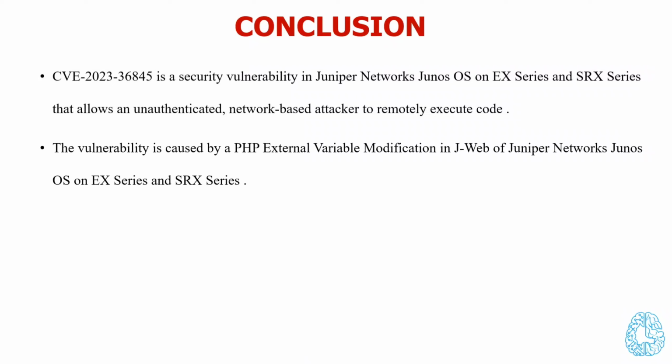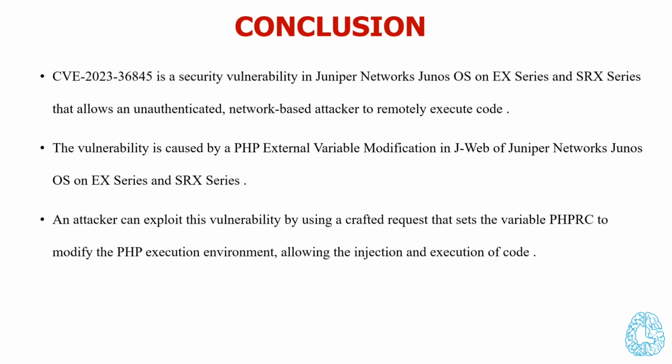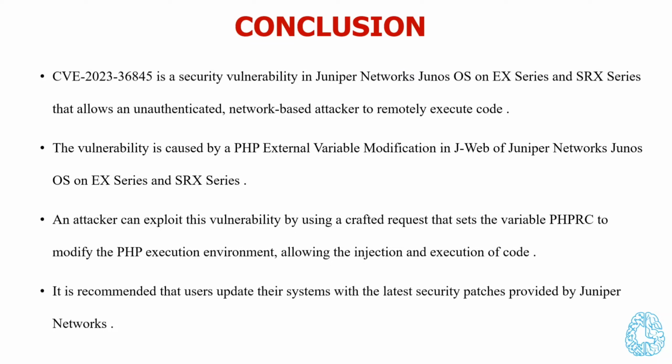So this flaw basically occurs due to modification of the PHP environment variable on the J-Web interface. Attackers can craft a request to manipulate this environment variable, that is the PHPRC variable, and then execute arbitrary code remotely by modifying the PHP configuration file.